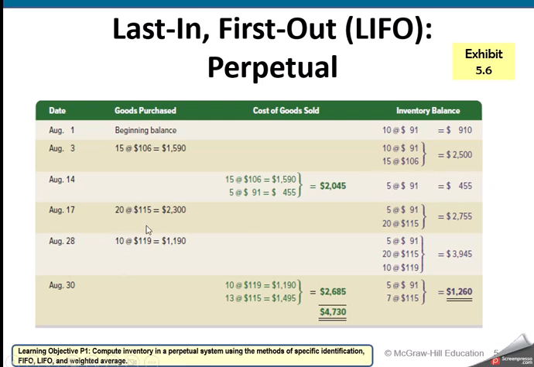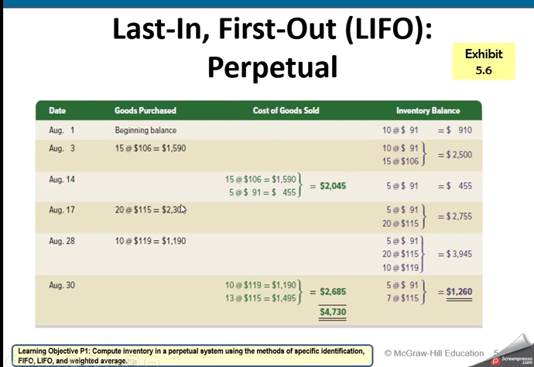Then we buy some more, but then we sell another 23. So then we've got 10 of the most recent ones that we purchased. And then we go into that second purchase at the $115. So when we come down and look at what's left, we've got 5 units back at our beginning balance price.